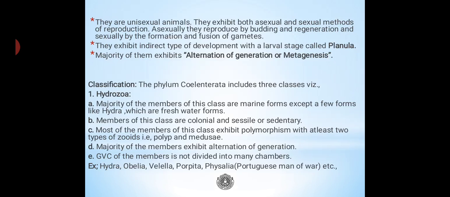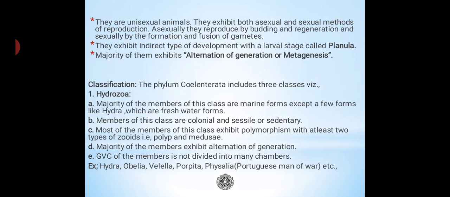Coming to classification, the phylum Coelenterata includes three classes. They are: number one, Hydrozoa. Majority of the members of this class are marine forms, except a few forms like hydra, which are freshwater forms. Members of this class Hydrozoa are either sessile or colonial or solitary or sedentary.